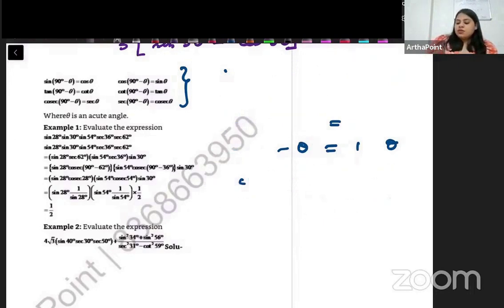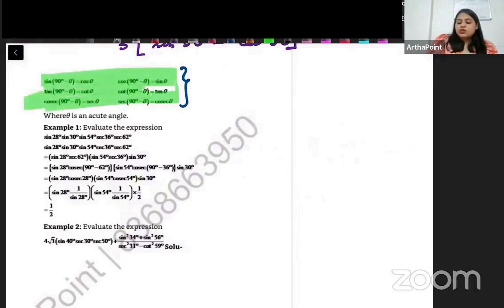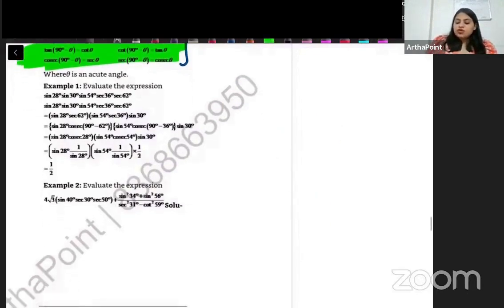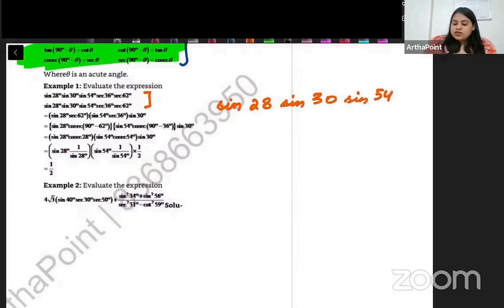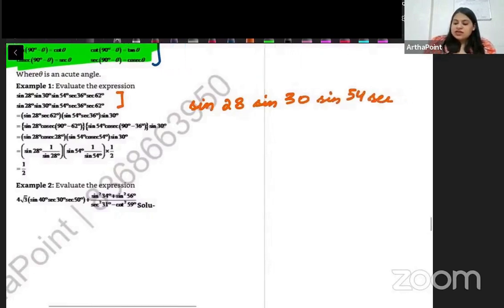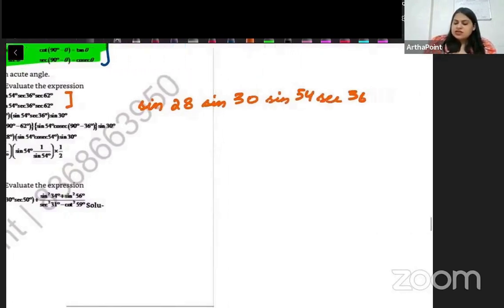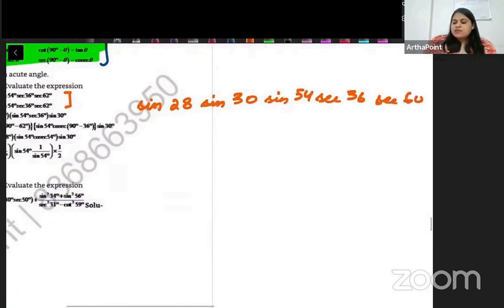Okay, now these are the identities. Let us try to do a question based on it. So the question says evaluate this term. And it says sine 28, sine 30, sine 54, sec 36, sec 60.